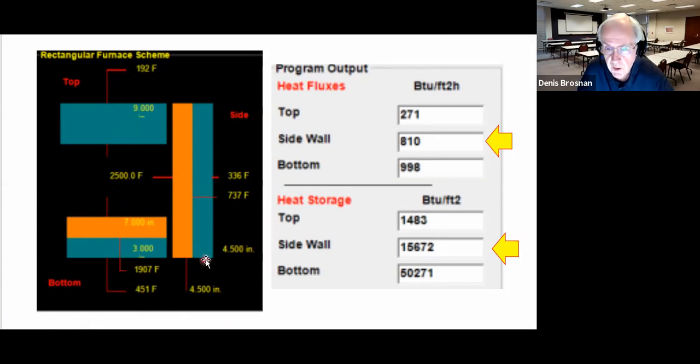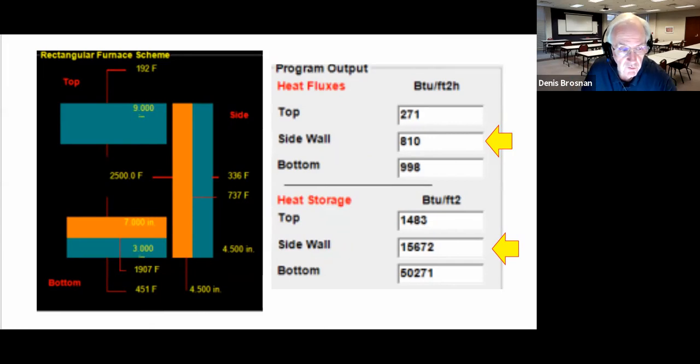So you get a lot of information here, but we're mainly interested in the sidewall, which in this case is 810 BTUs per square foot per hour. Energy transmission through the furnace, and it looks like we have a sidewall heat storage of 15,672 BTUs per square foot.